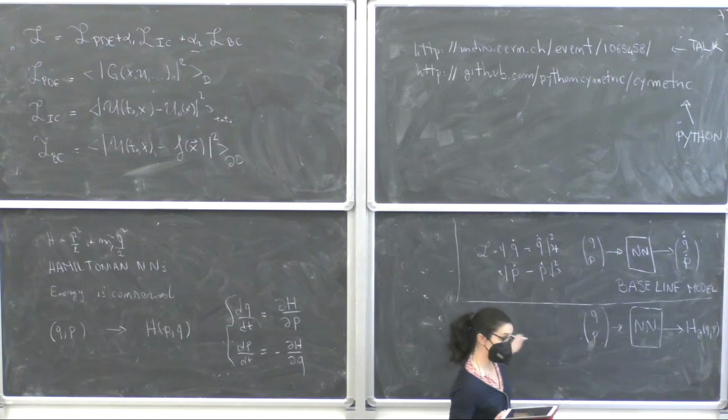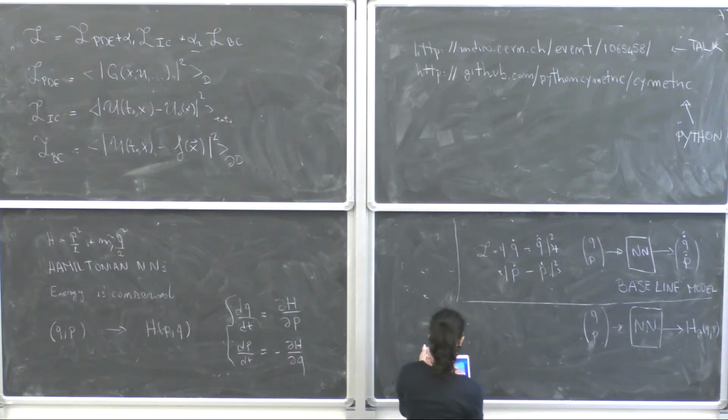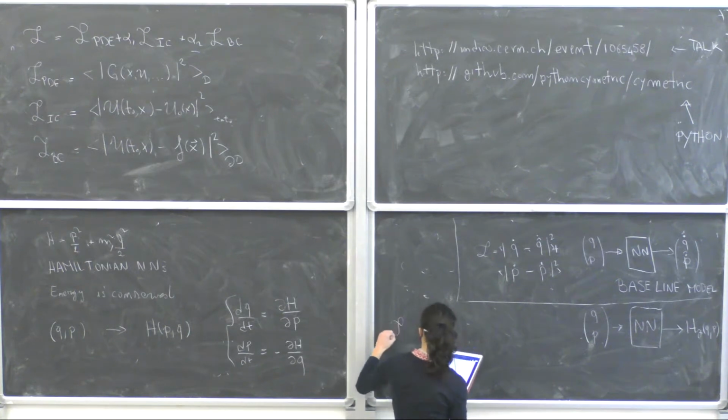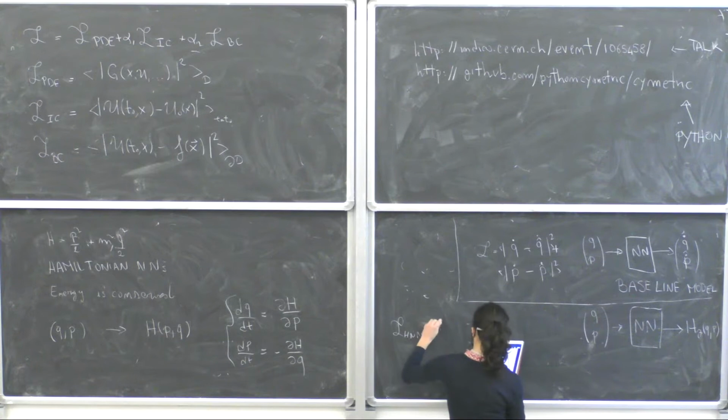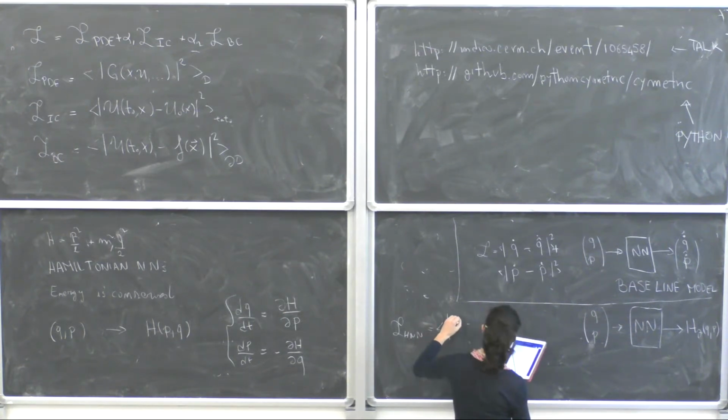So what is the loss function of Hamiltonian neural networks? Of course, it's going to be this. Let's keep on averaging.